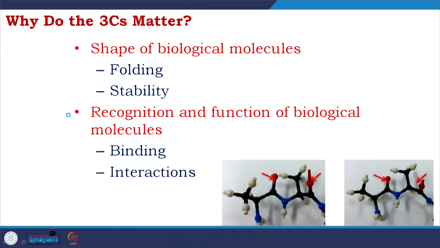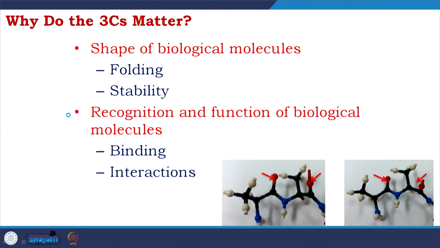Why do the 3 secrets matter? Shape of biological molecules: when we go for folding we will explain in more detail. When we discuss stability in protein engineering we will talk about this in detail. Recognition and function of biological molecules: I have talked about the bias of chirality. So, binding and interaction happen because of these 3 secrets: configuration, conformation and chirality.